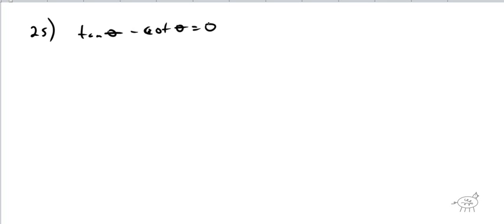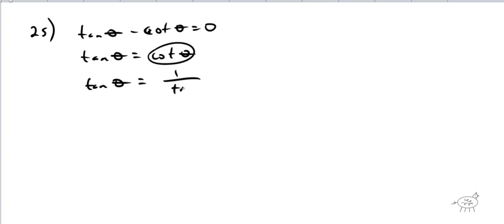I could move things over and then square both sides, but you're trying different things here, and probably the easiest way is this: add cotangent to both sides, and change cotangent to 1 over tangent. Then when I cross multiply, I get tangent squared of theta equals 1.